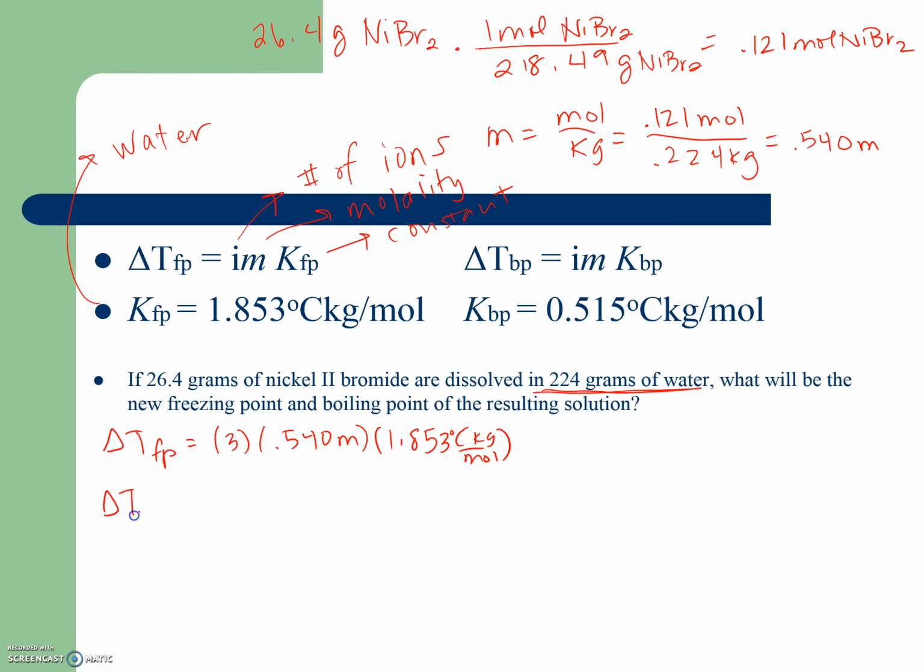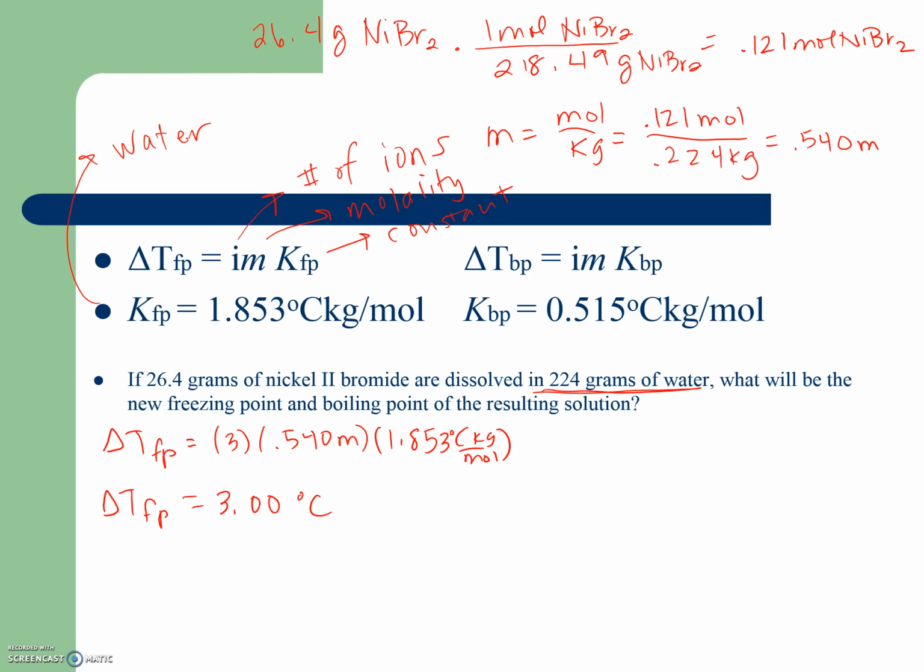So I solve delta T freezing point by typing it all in. So 3 times 0.540 times 1.853 gives me 3.00 degrees Celsius. So it's freezing point depression.